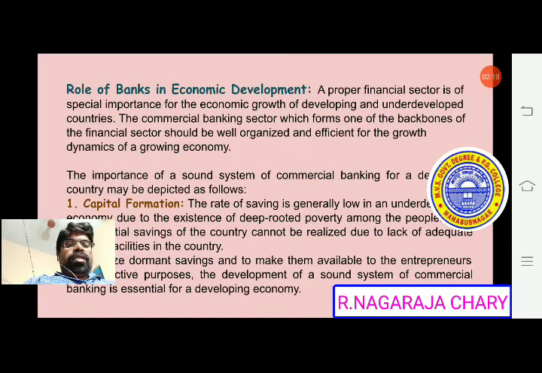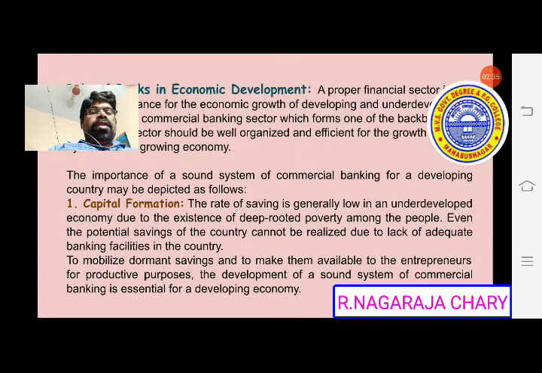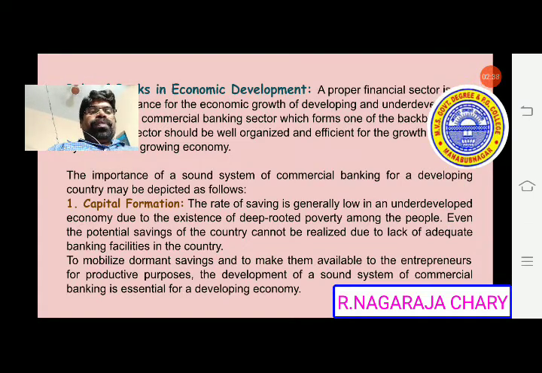The commercial banking sector, one of the backbones of the financial sector, should be well organized and efficient for the growth dynamics of a growing economy. The importance of a sound system of commercial banking for a developing country may be depicted as follows.